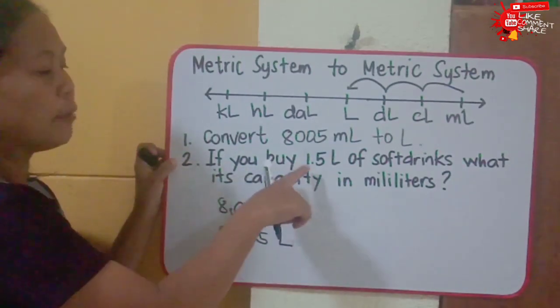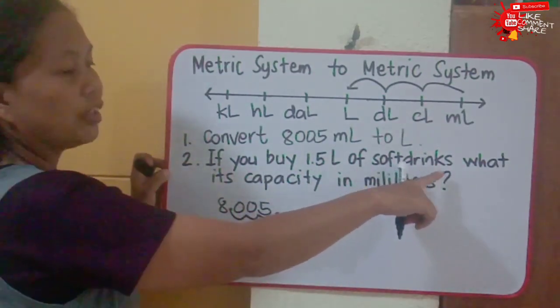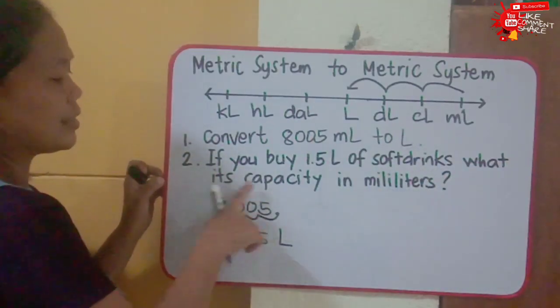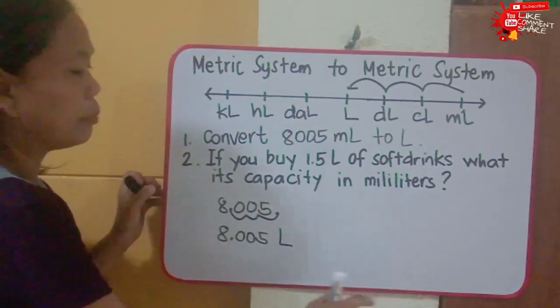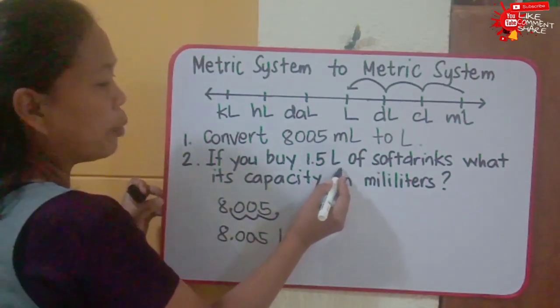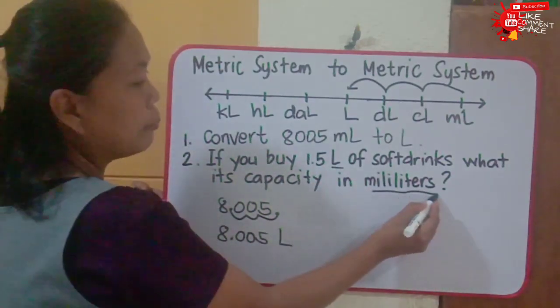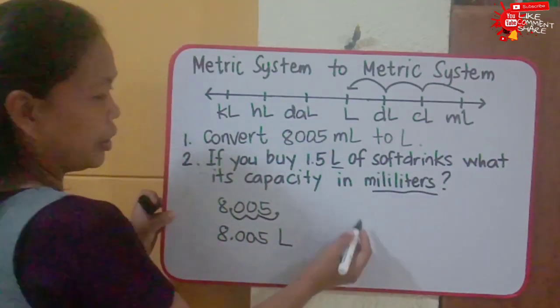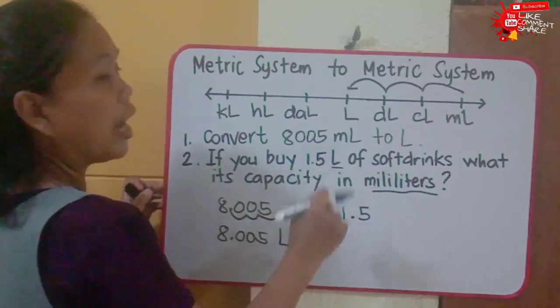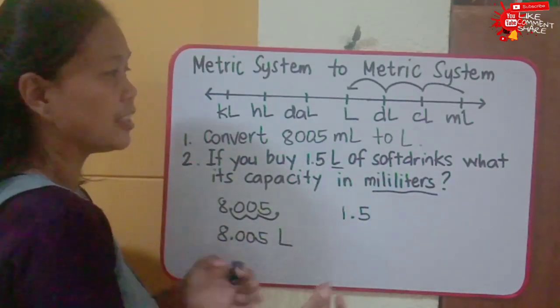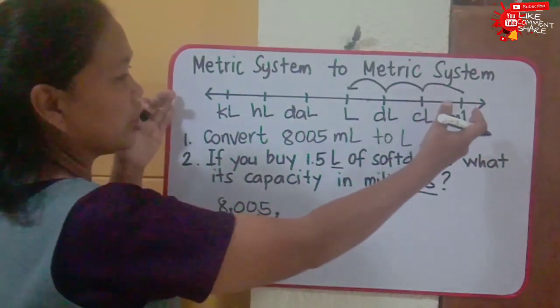So if you buy 1.5 liters of soft drinks, what is its capacity in milliliters? So it means that we will change 1.5 liter to milliliters. Okay, so we have here 1.5. Then we count the number of movements of the decimal point based on our metric converter.